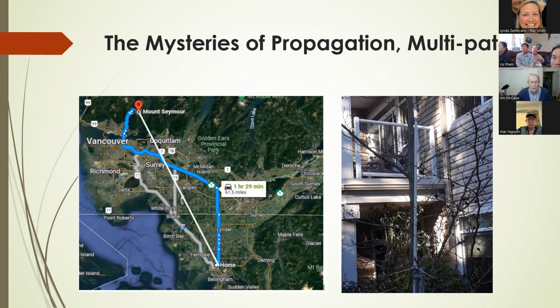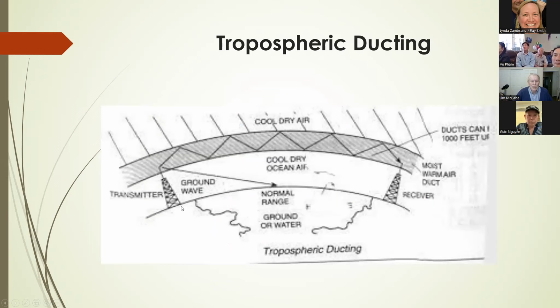There's also ducting, and we've got another picture on the ducting possibilities. Ducting is created by differences in temperature, and it's demonstrated here with the transmitter here. Without the ducting, your ground wave probably wouldn't go any farther than here, normal range.